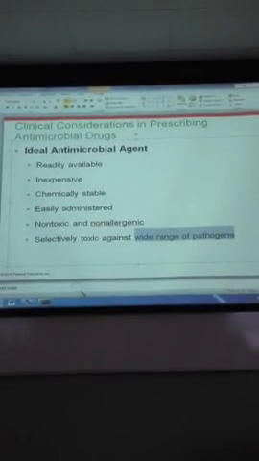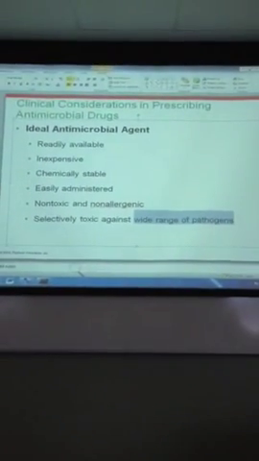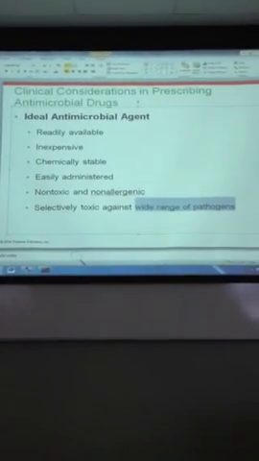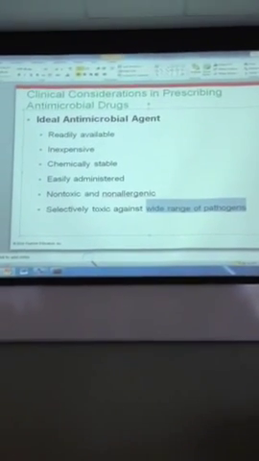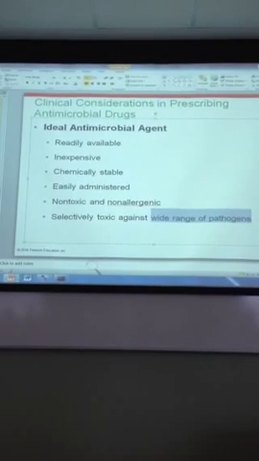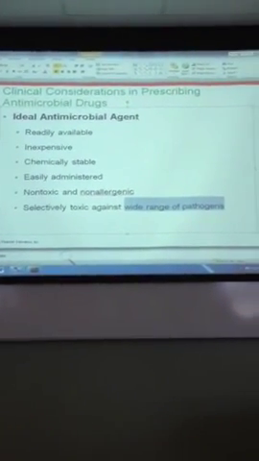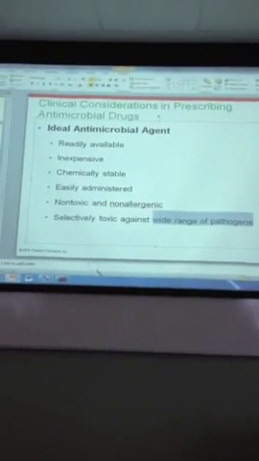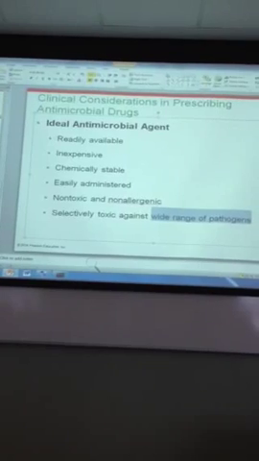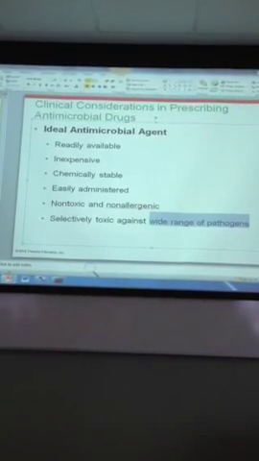So there's different things you would want to consider when you prescribe an antimicrobial. If your patient has a mixed infection, multiple microbes in there, you want a broad spectrum antibiotic. Maybe your patient has one kind of bacteria, a very specific kind. Why would I give you a broad spectrum antibiotic that's probably going to hurt your normal flora too, if I can give you an antibiotic that's selectively toxic, will specifically target just that one species of bacterium?